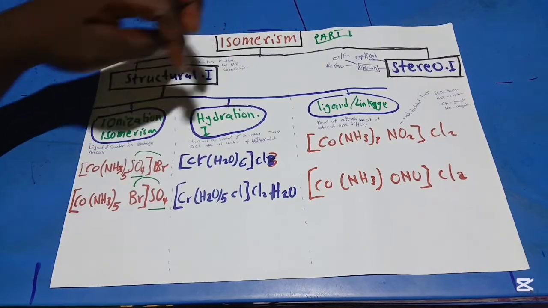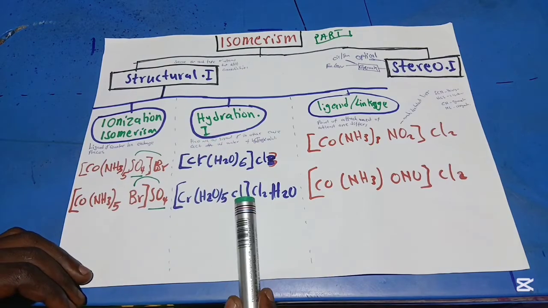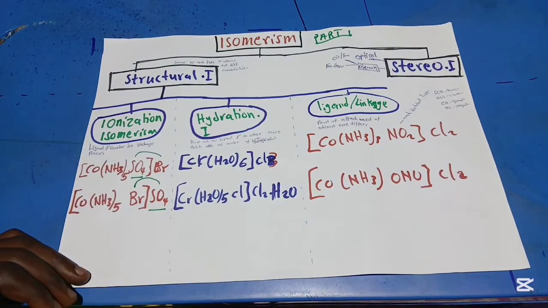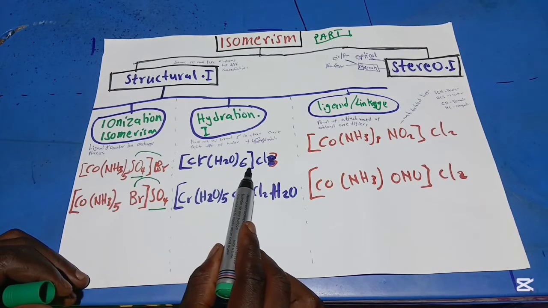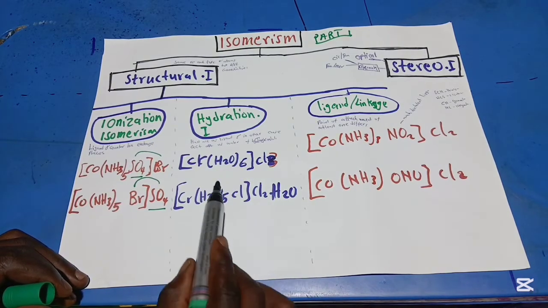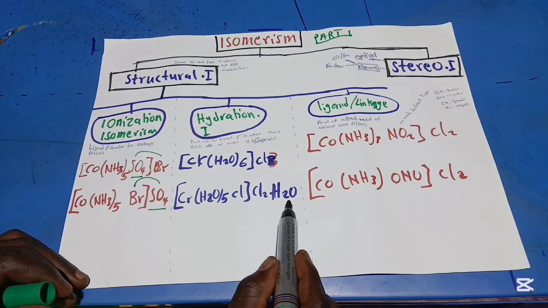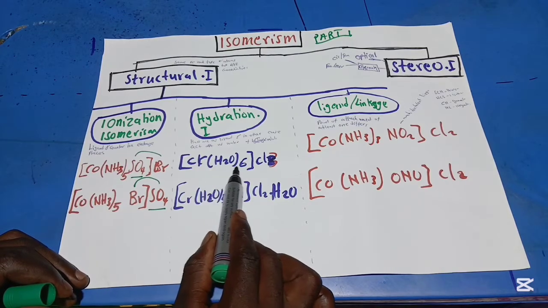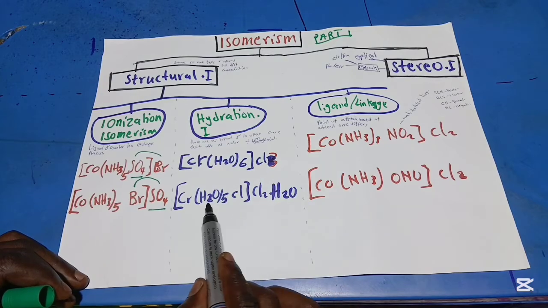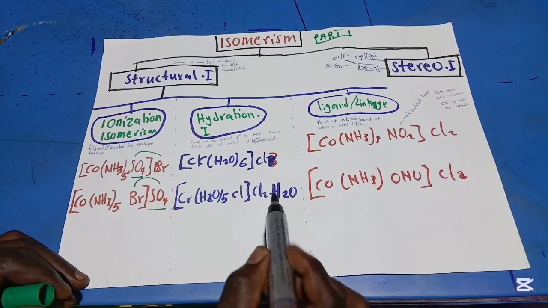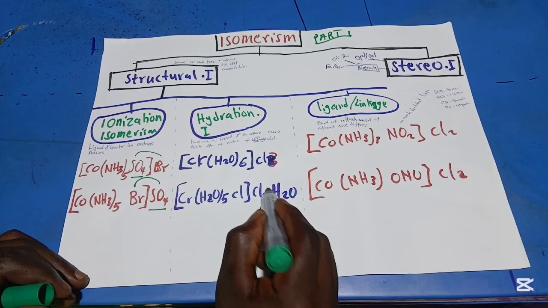Let's look at hydration isomerism. Hydration isomerism is a type of ionization isomerism. But in this case, we have water acting as a ligand in one complex, and in the other case, it is acting as a water of hydration. We have water inside as a ligand, and we have water here acting as a water of crystallization.